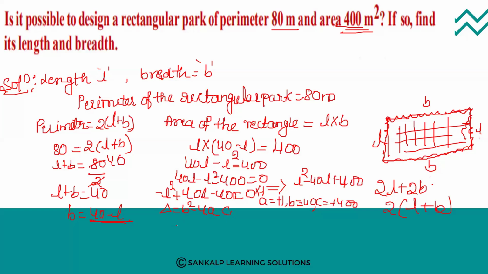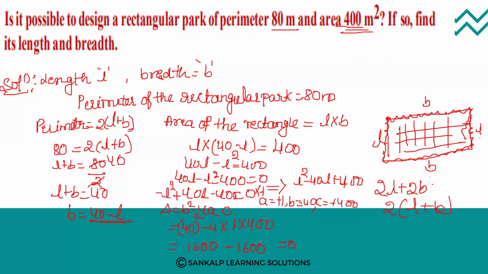So B square minus 4AC. Value of B is 40 whole square minus 4, A value is 1, C value is 400. So 40 square, that is 1600, minus 4 into 400 is 1600 into 1, 1600 only. 1600 minus 1600 is equal to 0.